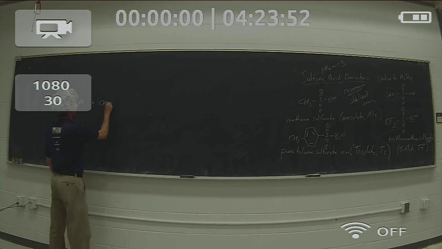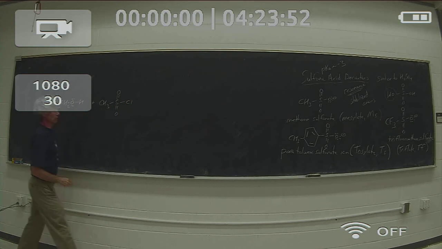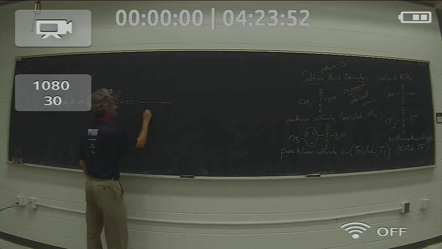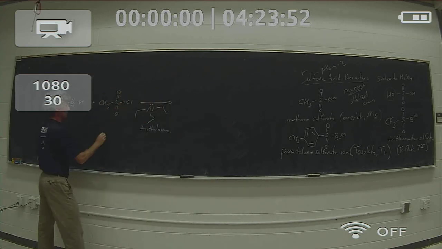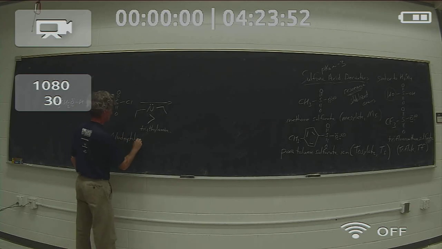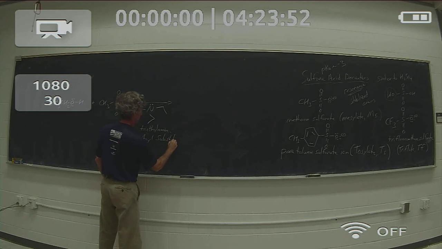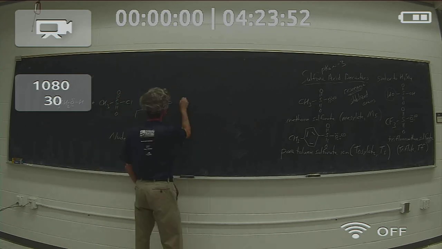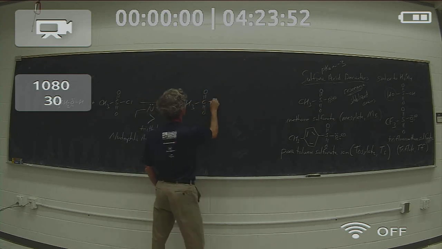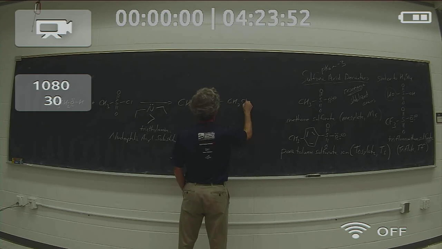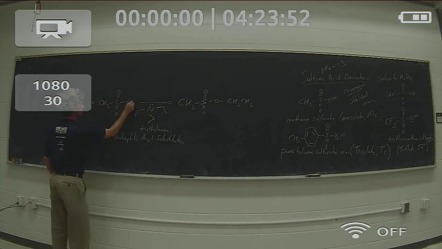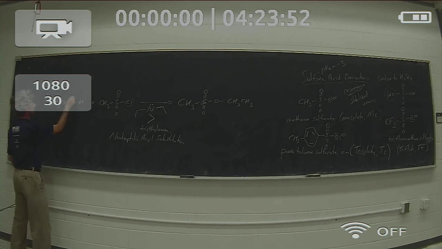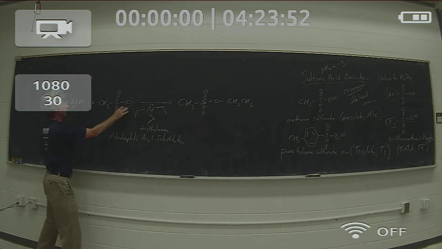But if we react that with trifluoromethane sulfonyl chloride in the presence of a base, often triethylamine, we can do a nucleophilic acyl substitution and replace the hydrogen and take this chlorine off of there and replace it with this group, liberating HCl.